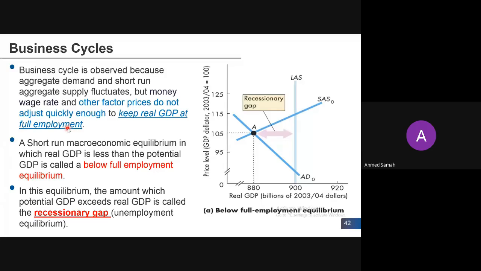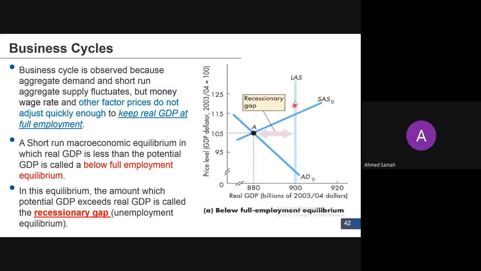Yeah. So in the short run there are changes in aggregate demand, and there are changes in short run aggregate supply as well. But because we have sticky wages and sticky prices, which do not adjust as quickly as the demand and the supply level, it will not keep the real GDP at the full employment level.